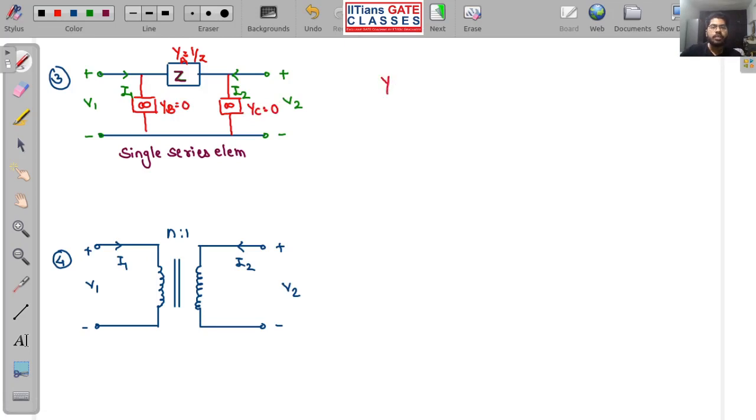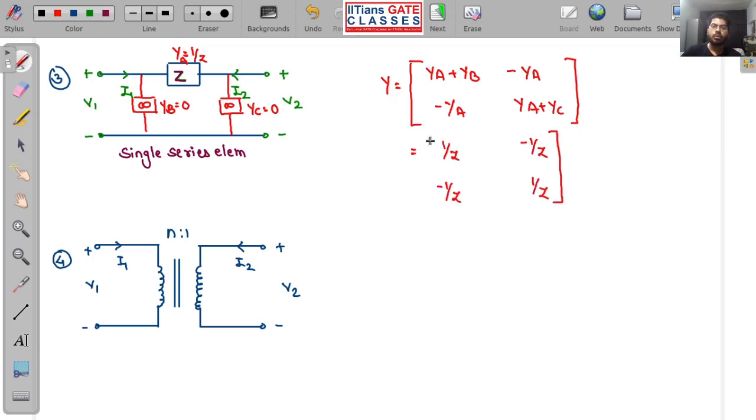So now what is my Y parameter? Y parameters for such a circuit is YA plus YB, minus YA, minus YA, YA plus YC. So now YA plus YB will be 1 by Z, minus 1 by Z, minus 1 by Z, and 1 by Z. So note this thing very carefully. This is for a single series element.